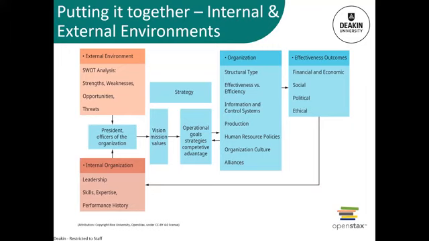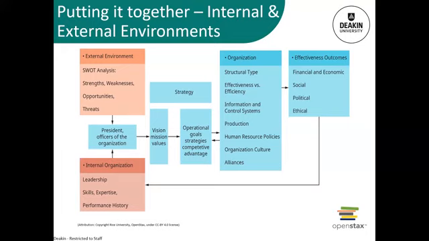And that then leads to the operational goals and strategies, how they're going to create their competitive advantage and design the organisation. What is their structure? What is the understanding of efficiency and effectiveness? Their HR policies. And again, what type of culture are they going to try and influence? Who are their alliances, their production systems?